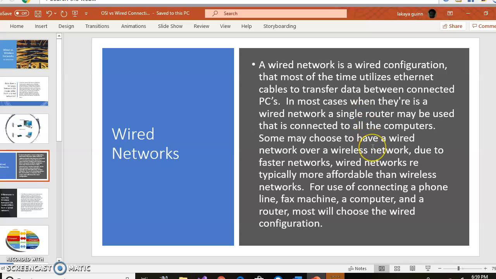So if you're running a business and the business requires a fax machine, a phone line, a computer for its configuration, you would be able to have access to the LAN networks or the Wi-Fi networks using all of these types of devices that are on the wired network.